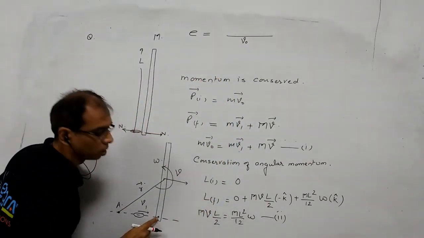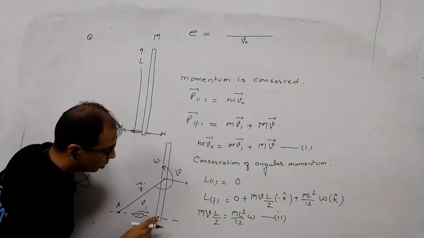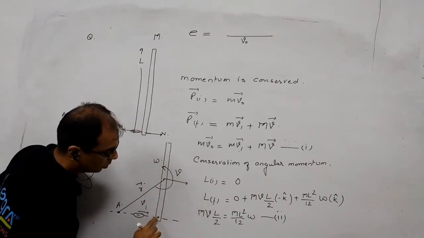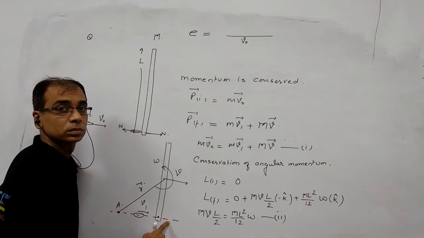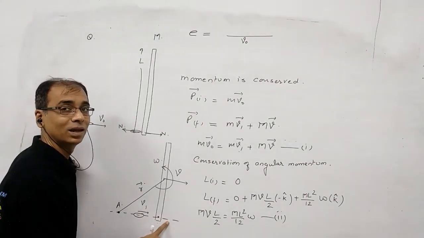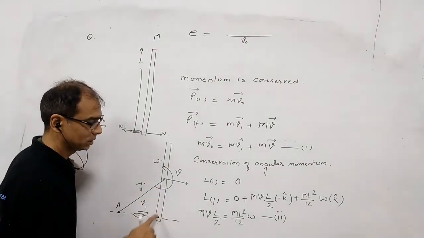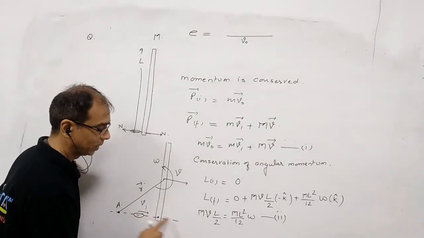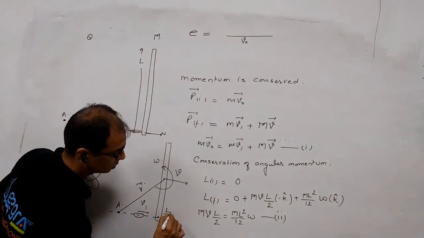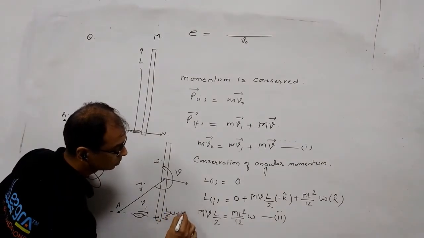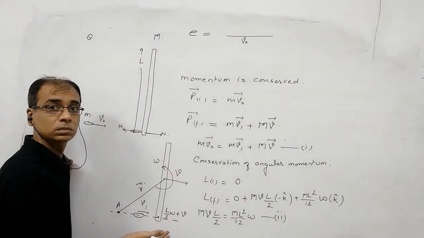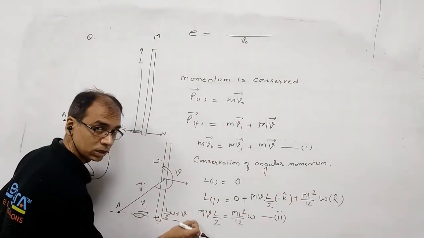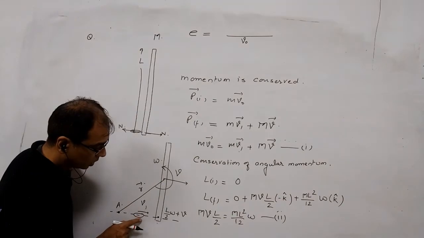The velocity of this point of the rod: because of rotation, this point's velocity is omega L by 2, because this is L by 2 radius. This point's velocity is R omega. So L by 2 omega plus V, because of translation. And the bullet is having velocity V1.